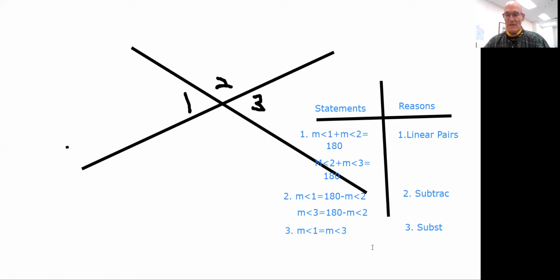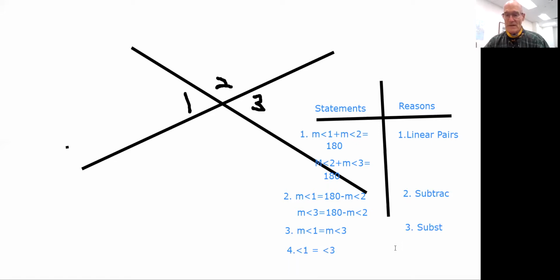Then in my final statement, because I'm trying to prove that angle 1 and angle 3 are congruent, my fourth statement is that angle 1 is congruent to angle 3.